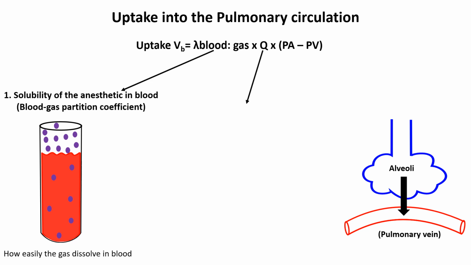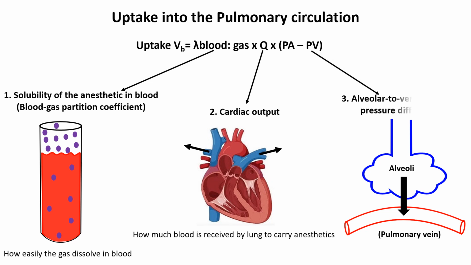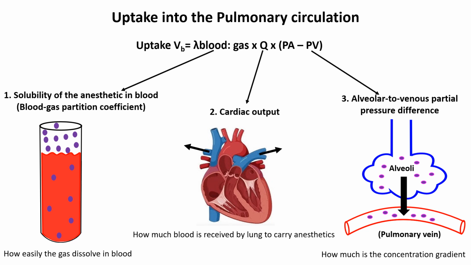Another important factor is cardiac output, which dictates the flow of blood through the pulmonary circulation and impacts how much anesthetic can be absorbed. Finally, the concentration gradient, or partial pressure difference between the alveolar gas and the venous blood, drives the diffusion of the anesthetic from the alveoli into the bloodstream.